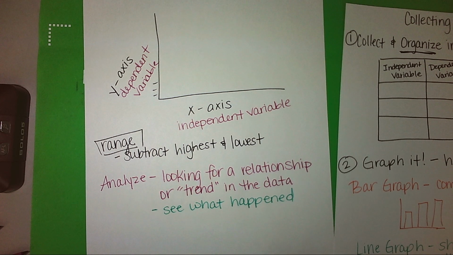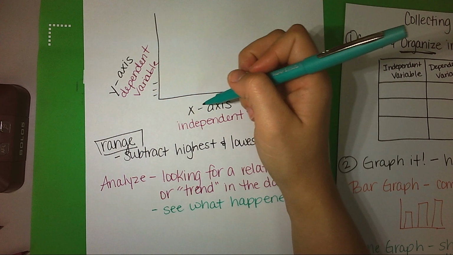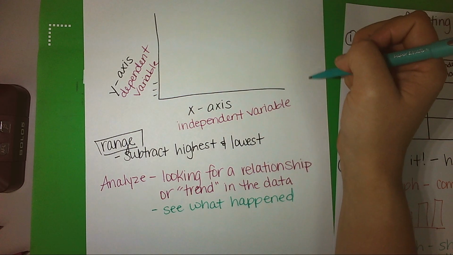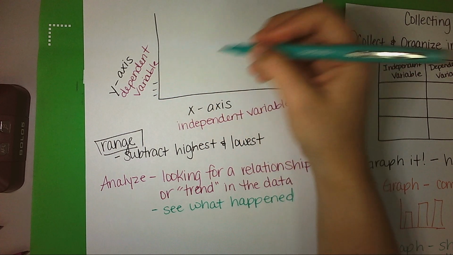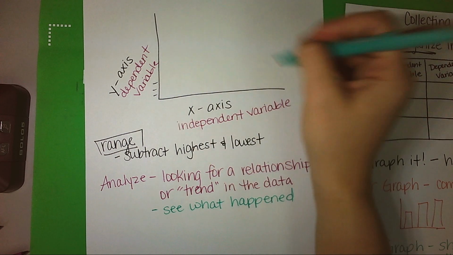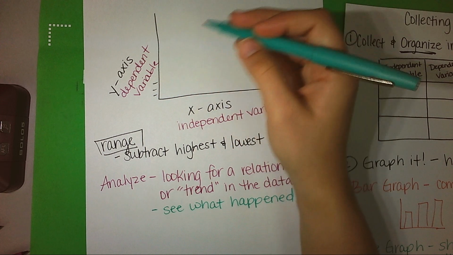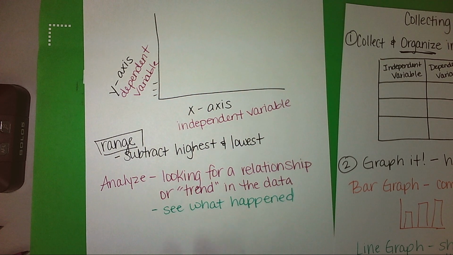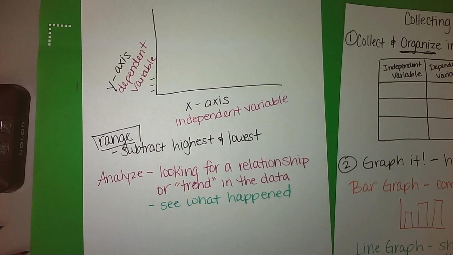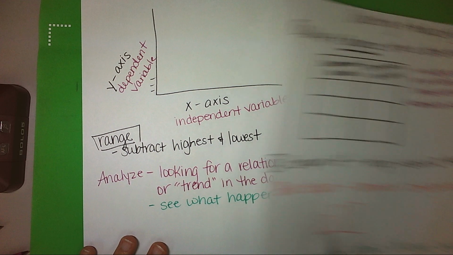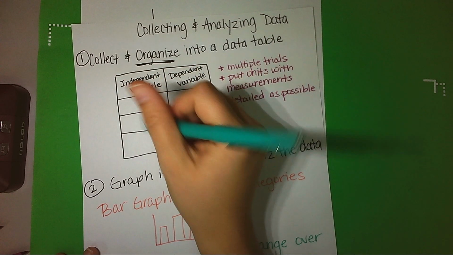Okay, and then you'll be able to use your graph to help you write your conclusion. It will help you see that, as the amount of sunlight changed, so did the plant growth. You'll be able to actually see that because as the numbers are different down here, they will also have a different height. So when you graph, it's helping you visualize the data that you collected in that data table.